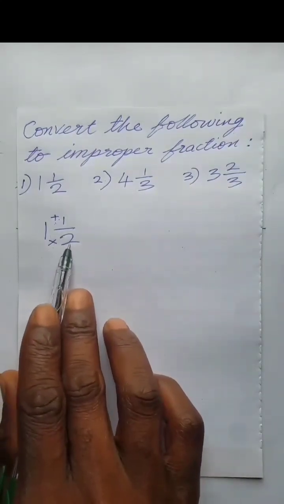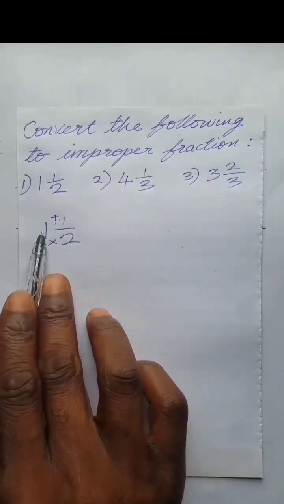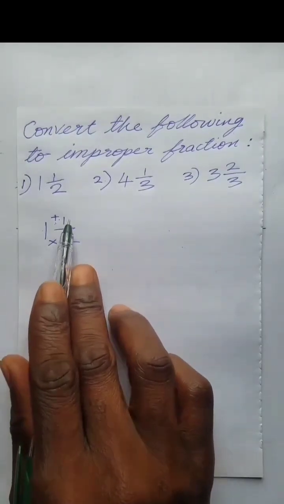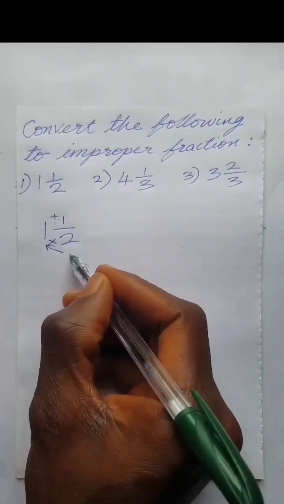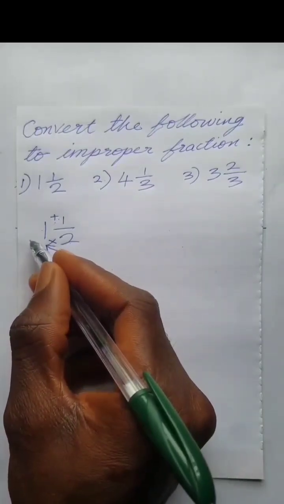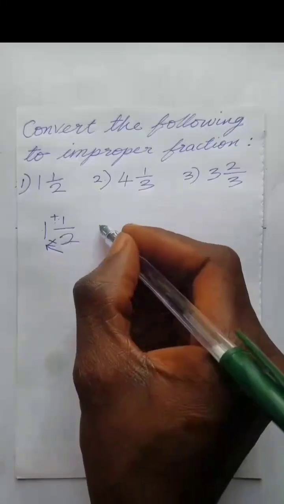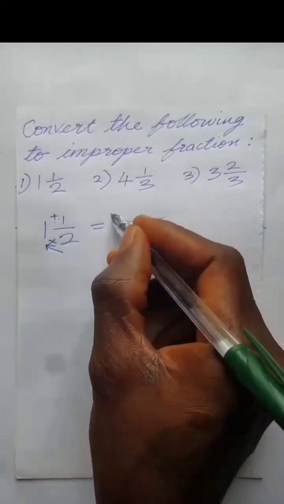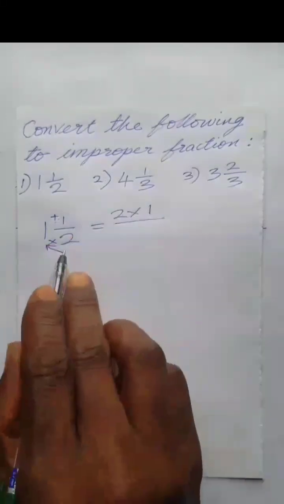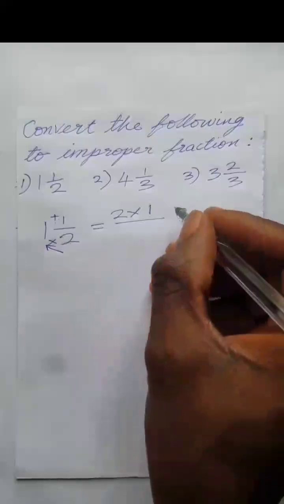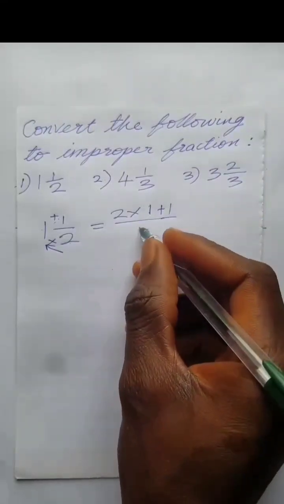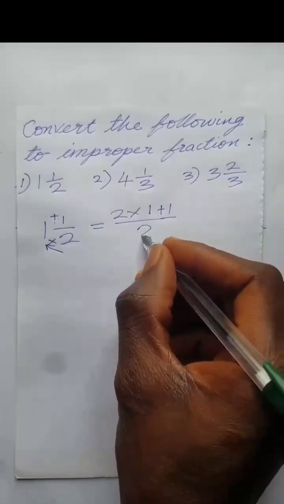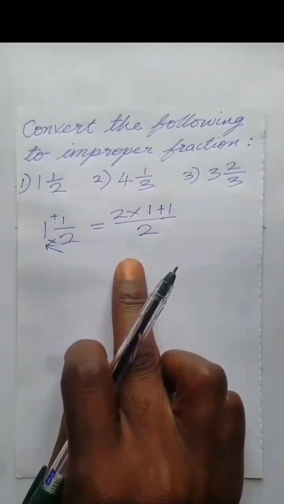What do I do? I'm going to do 2 times 1 plus 1. Have you seen the direction? Starting with the denominator, you come here and multiply 2 times 1. This is what I mean. 2 times 1, plus 1. That is the simple truth. And then that is over what? The 2 that was here. The denominator.